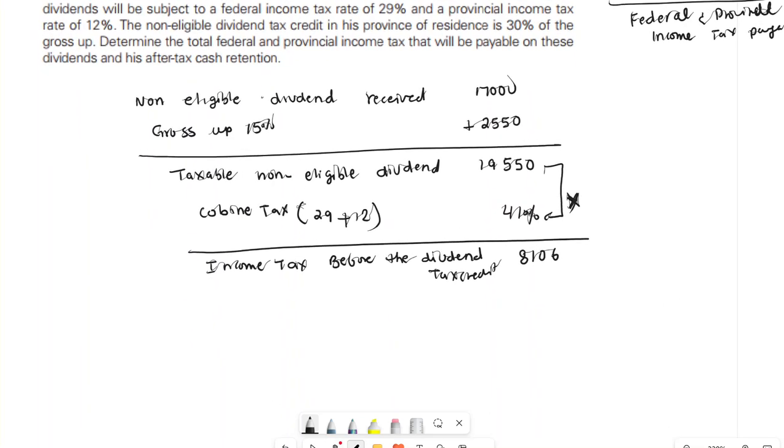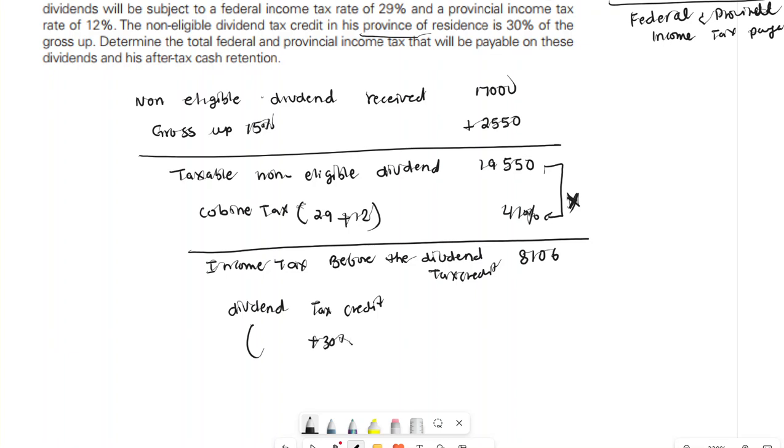Now we're allowed to reduce this tax by claiming the dividend tax credit. They told us the provincial is 30%, but we also get federal.